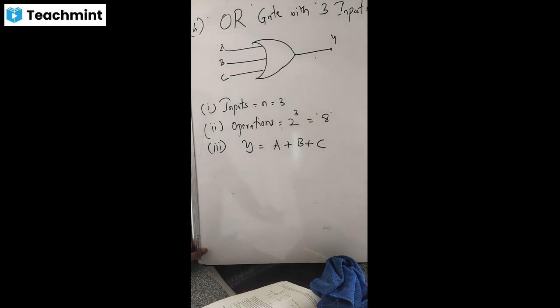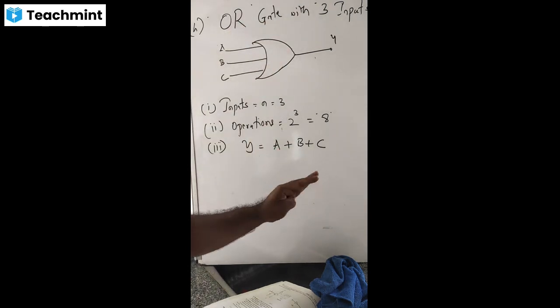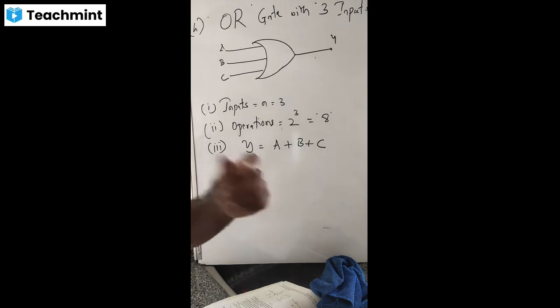And since we have drawn the symbol directly, the only thing we are going to write is the truth table. But the truth table, when compared to 2 inputs and 3 inputs, will be totally different. Here you are going to have higher values. You are going to have a bigger truth table.